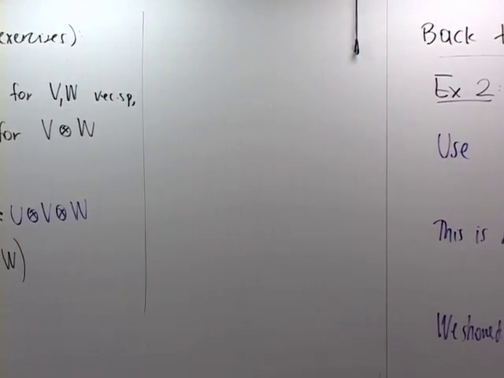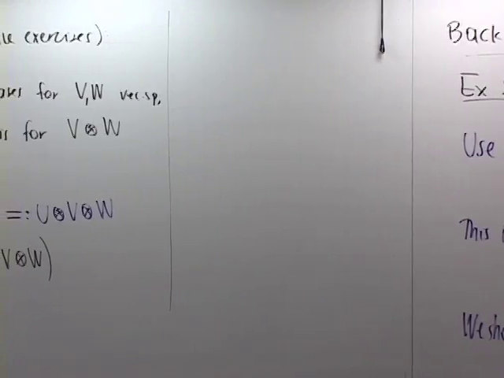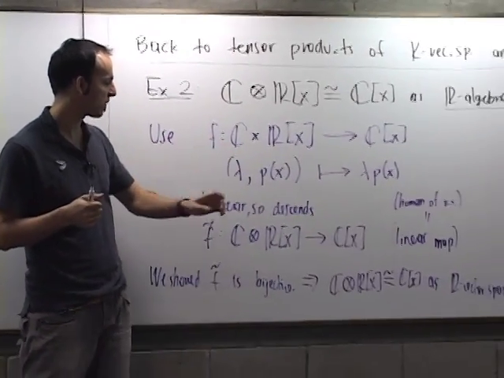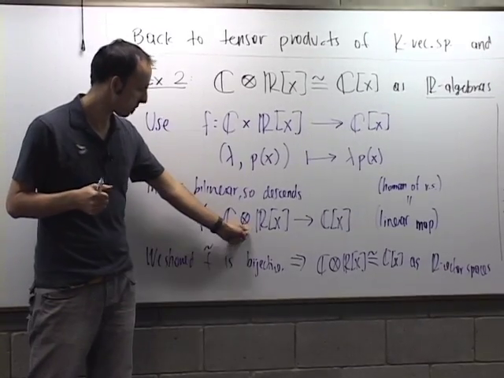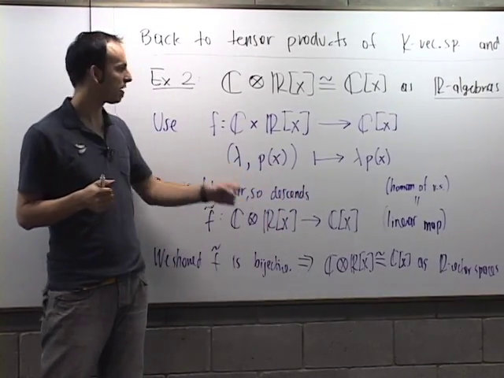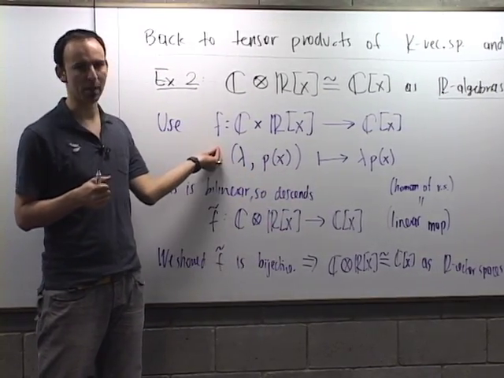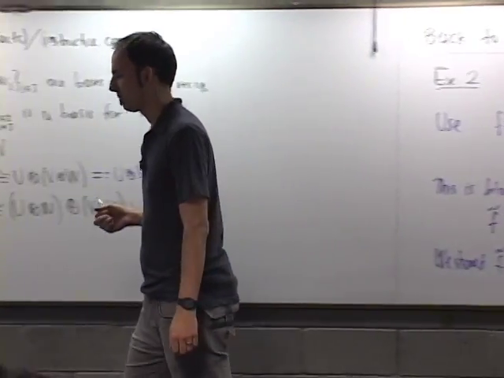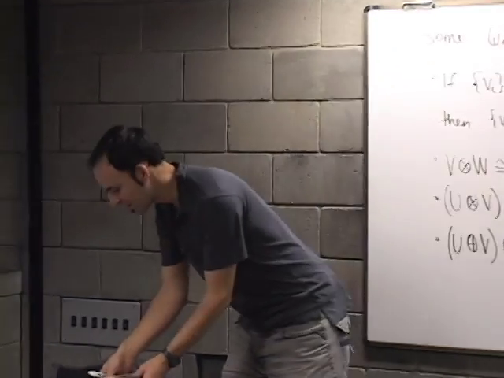Another observation that I want to make is that very often we have been interested in constructing a homomorphism from a tensor product to something. The way we do it is by constructing a bilinear map. So how do you construct bilinear maps? Well, it's actually very easy if you have bases.